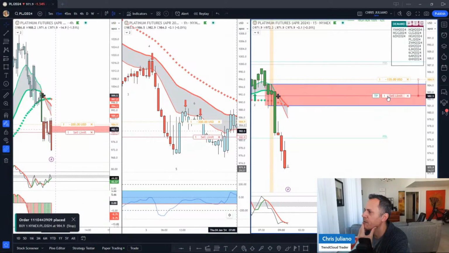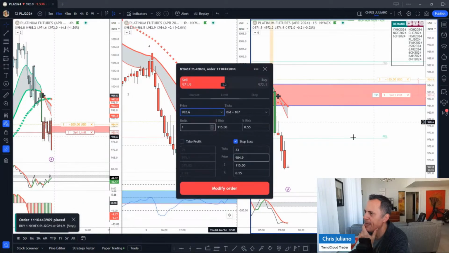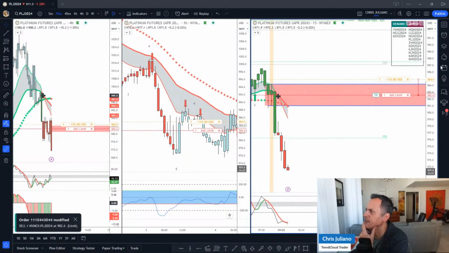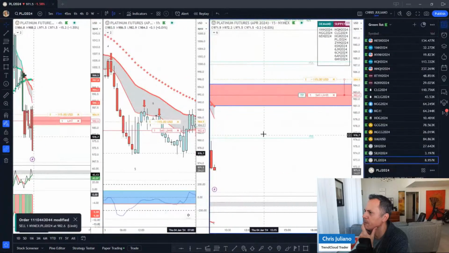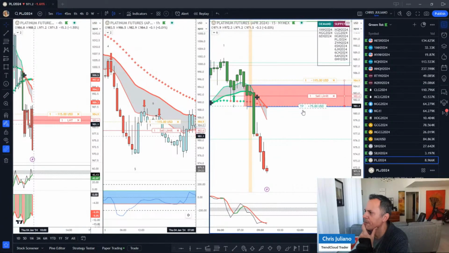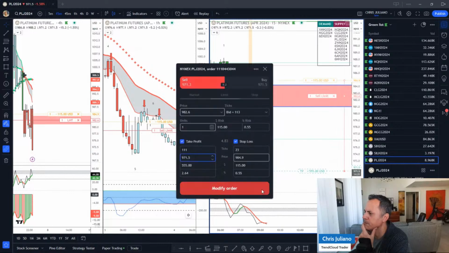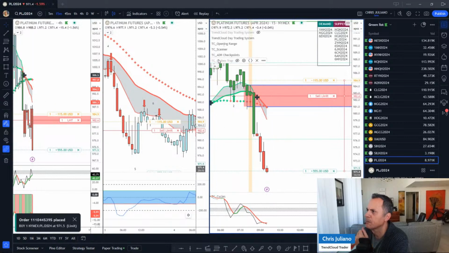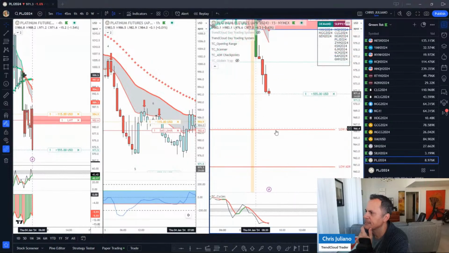Why don't we bring this up here? We actually have a better risk to reward on this move here on platinum. That could be a $500 move. Let's take a look at the ADR checkpoints, and it's heading for that.